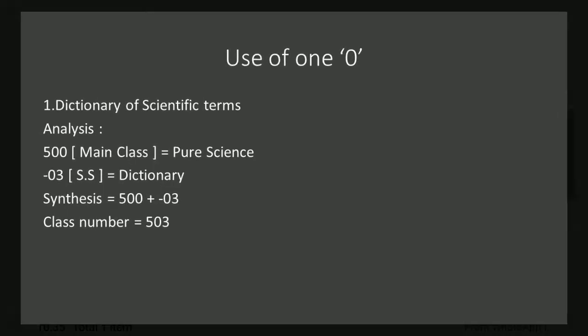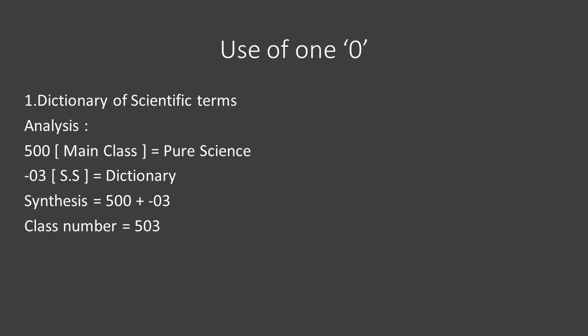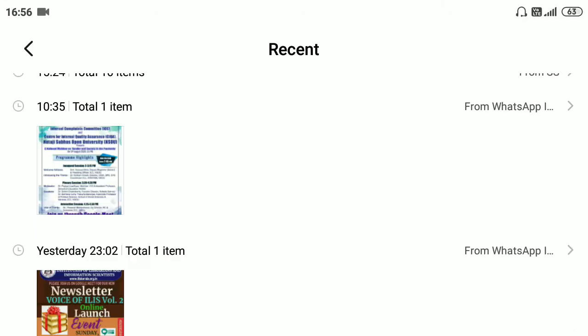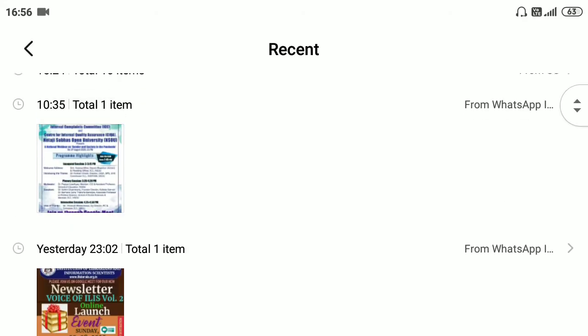If there are 2 zeros, we have to remove the 2 zeros. If there is 1 zero, we have to remove the 0. If there is no 0, then we do not remove any digit at the end of the main classes. Okay. Now I will show another example so that it will be clear for you.